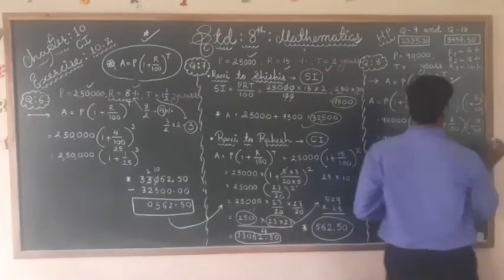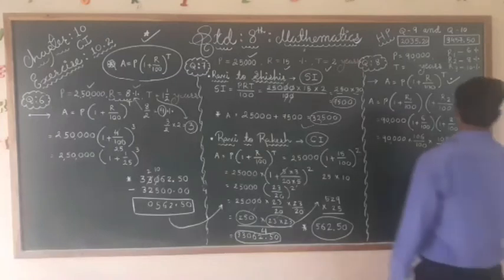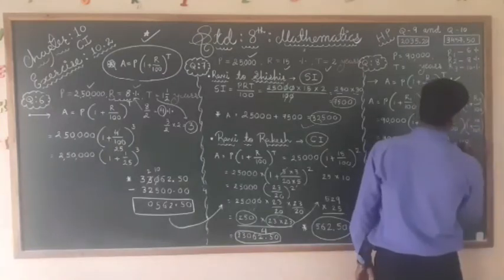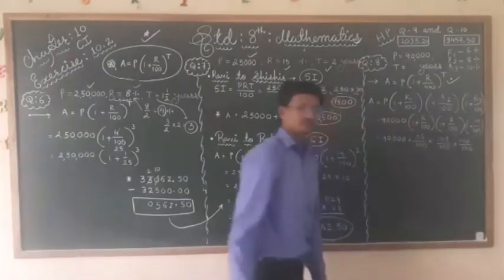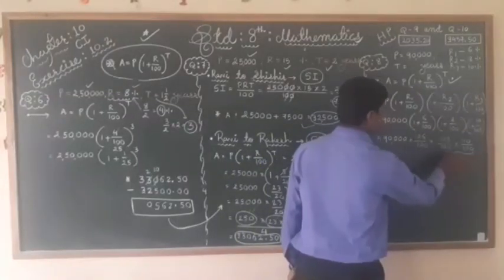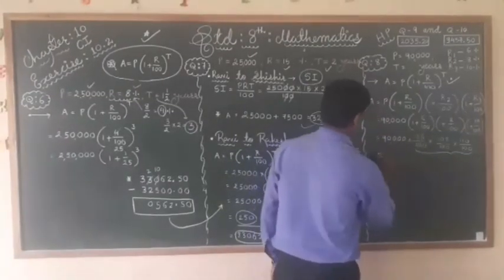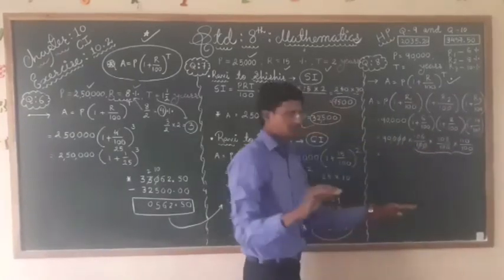Then let it be. I am not removing this because it will create problems afterwards. So let it be like this. So here 110 upon 100. Okay, so these are the three fractions. So here 0 0 0 0 out.